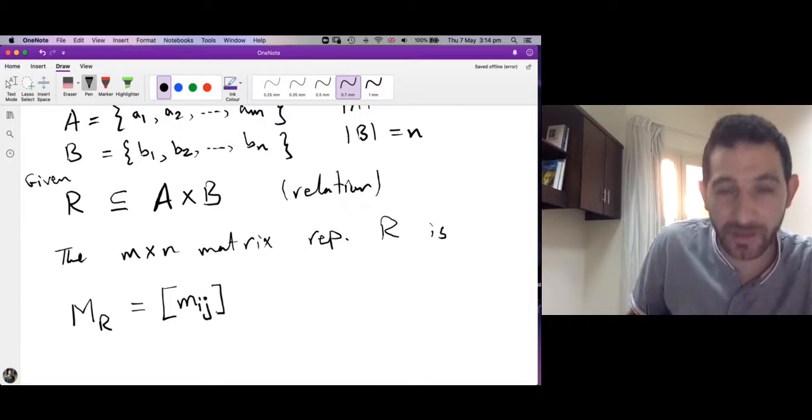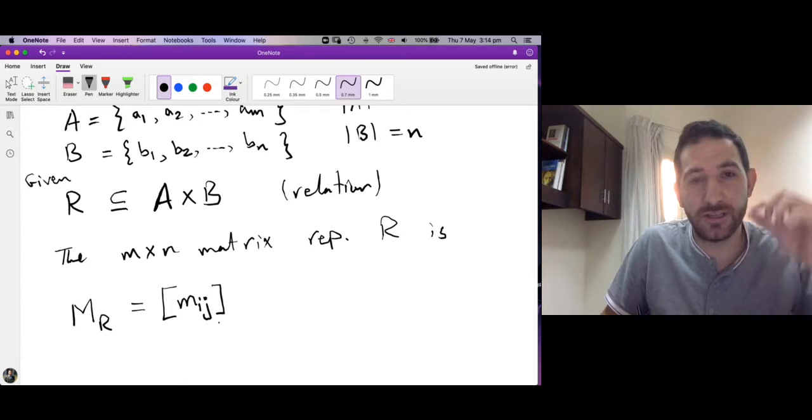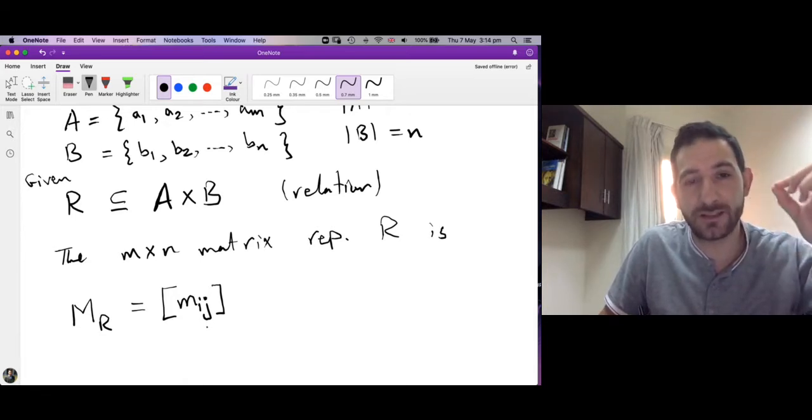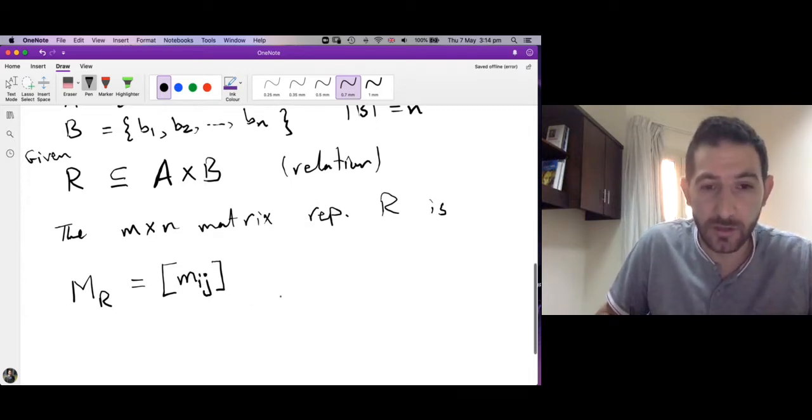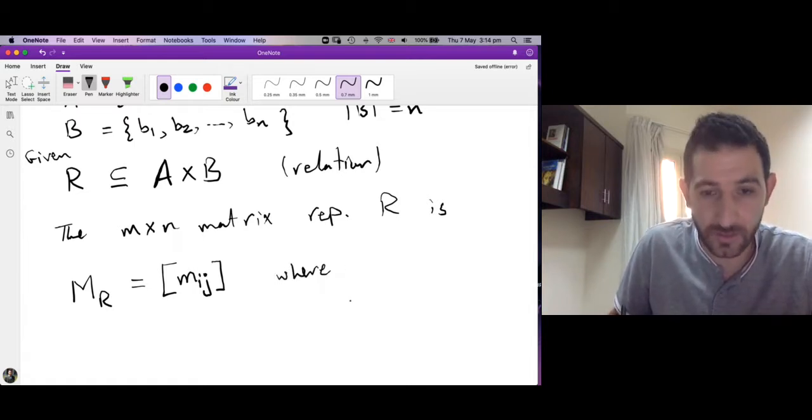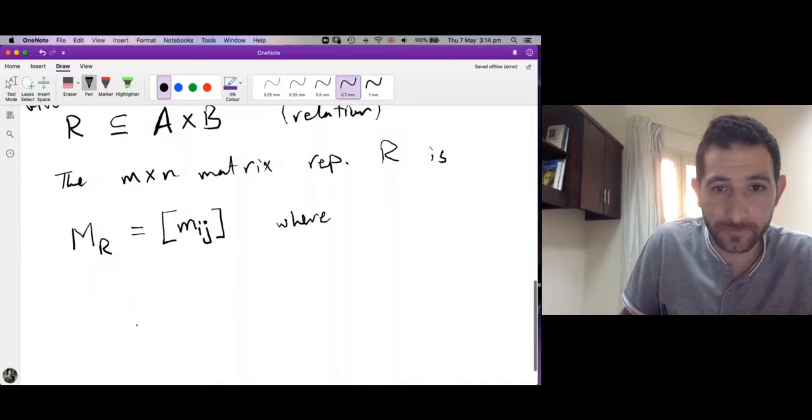So remember from matrix notation that m_ij is the entry in the matrix which lies in the ith row and jth column. So i is for rows and j is for columns. Okay, so this is the matrix. Now I want to tell you what the entries m_ij are.